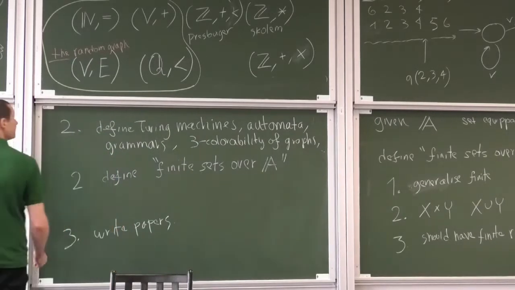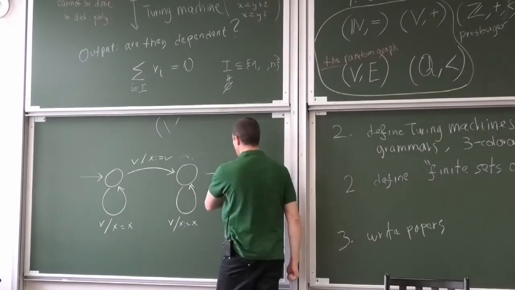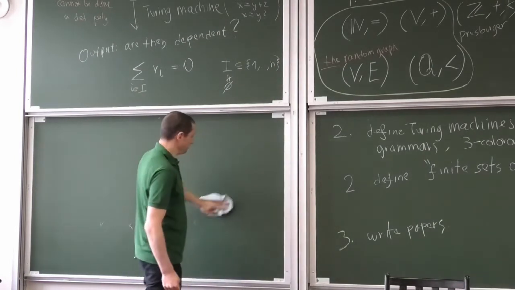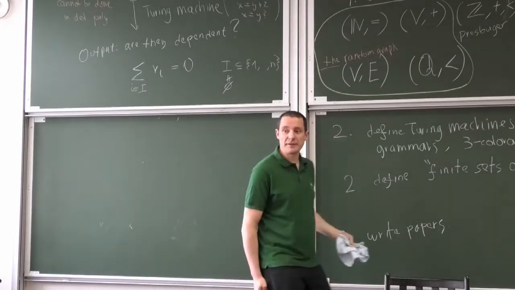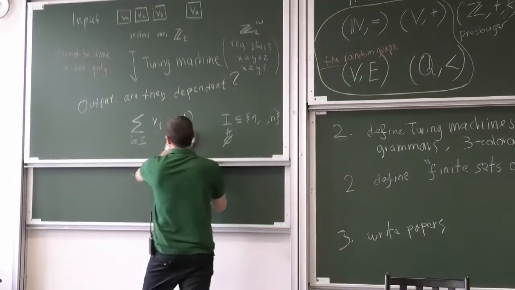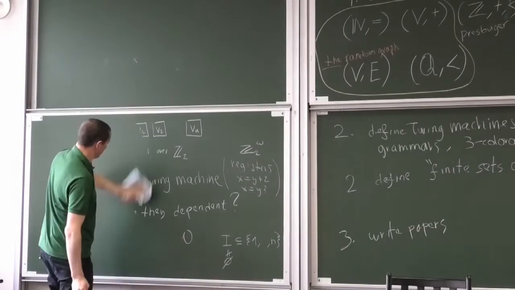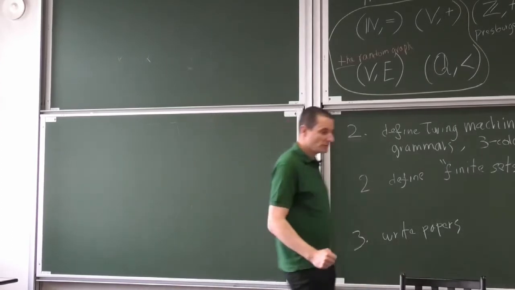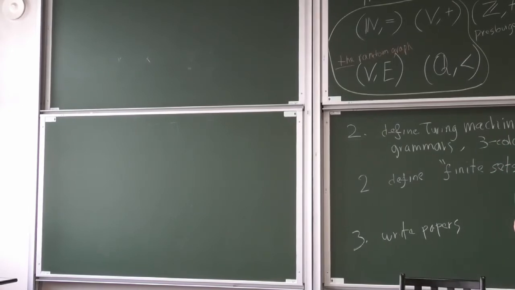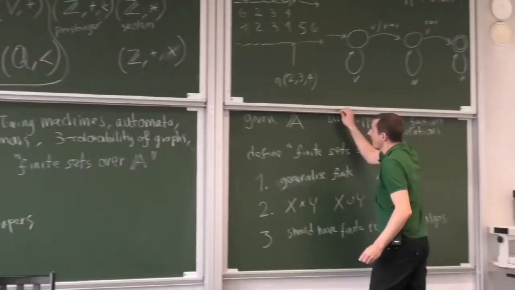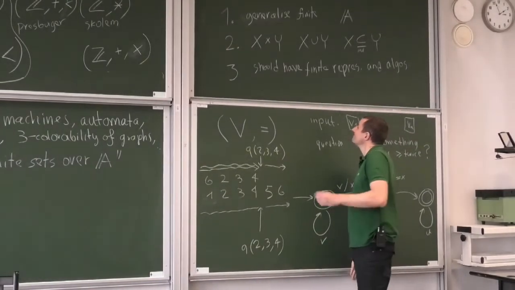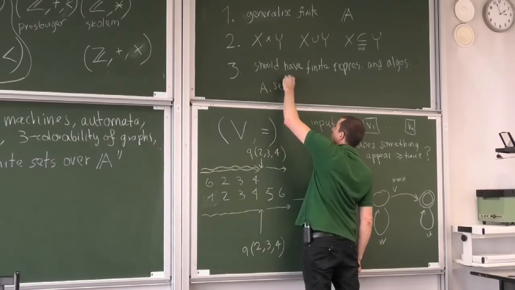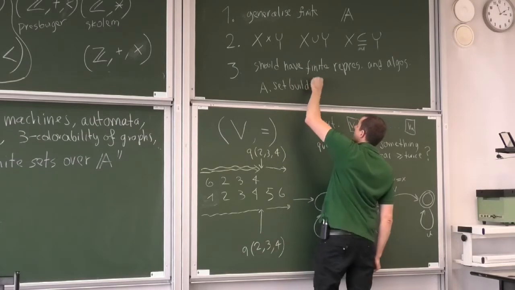So let me start with defining what a finite set is. There are two approaches to this problem. There's going to be two notions of finiteness. The first notion, this is what I'll do today, will be set builder expressions.